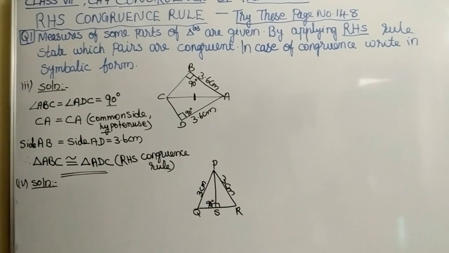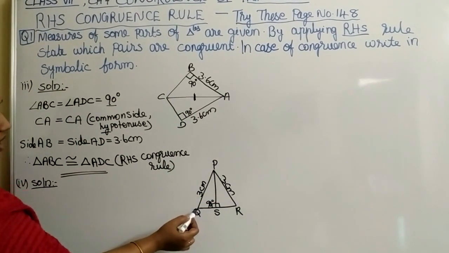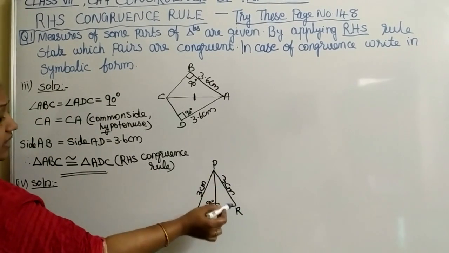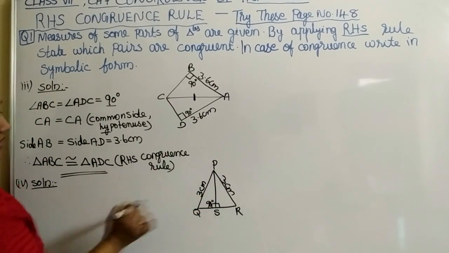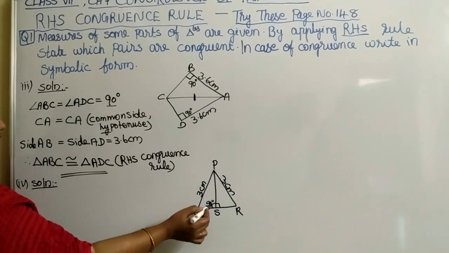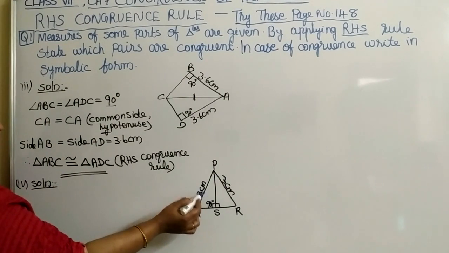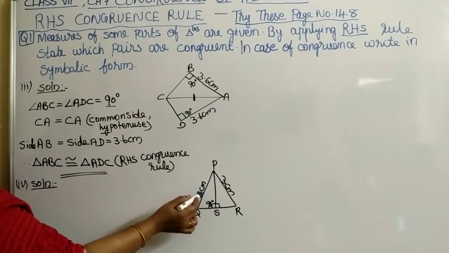Now we move to question number 4. The figure is given, triangle PQS and triangle PSR are given, where angle PSQ equal to 90 degrees. So the hypotenuse is PQ, the opposite side of 90 degrees.